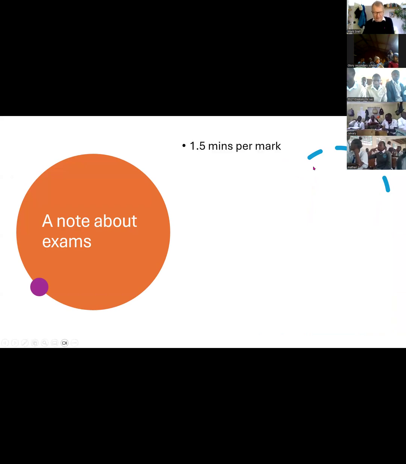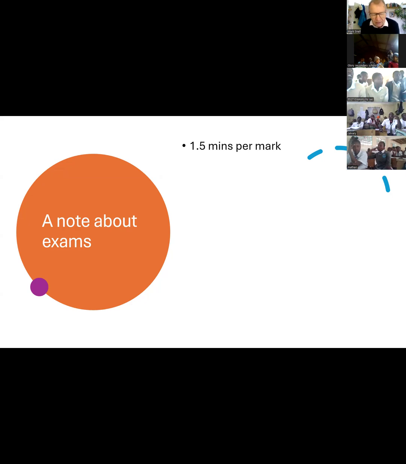The first one is that in most KCSE examinations in chemistry, you have about 1.5 minutes for each mark. That is because the paper has 80 marks on it and it is 2 hours long, 120 minutes.